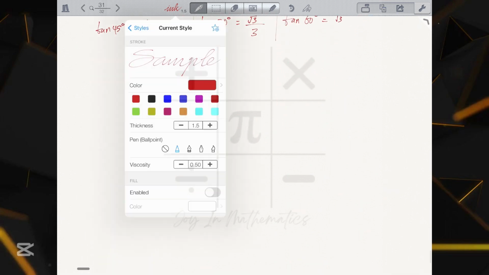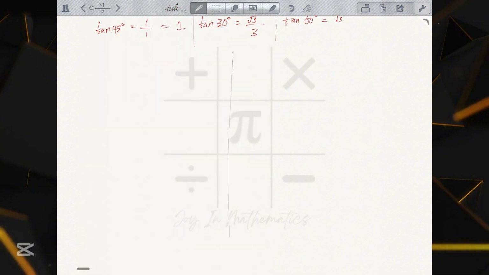The first thing to do is to draw the Cartesian plane, and this is the positive x-axis. This is the positive y-axis. We also have the negative x and the negative y.